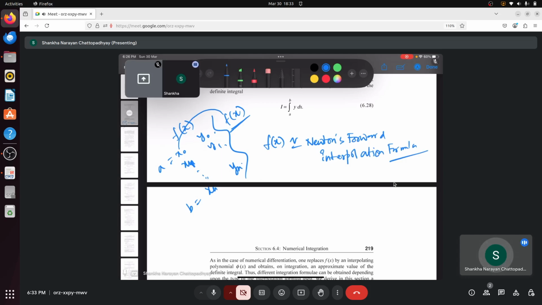Now you can choose as many x0, x1, xn as possible. As n increases, your interpolating polynomial, Newton's forward interpolating polynomial, will be much closer to the function f(x). So here the idea is very simple.